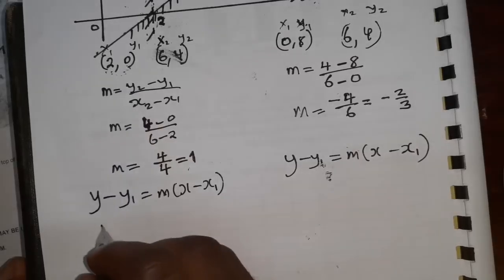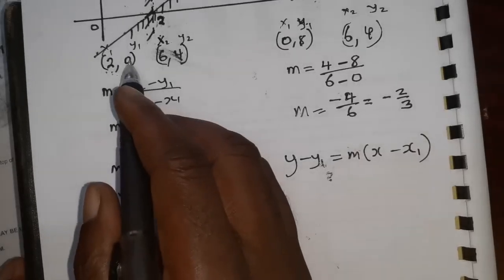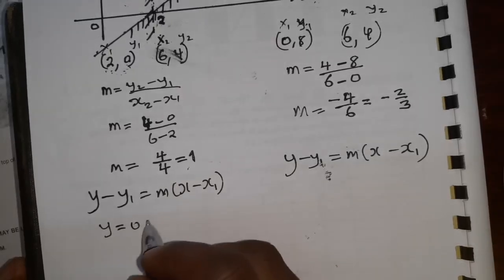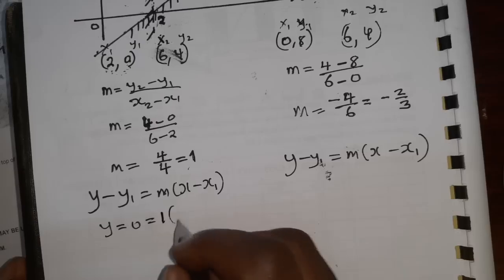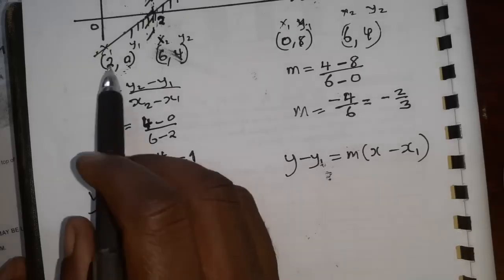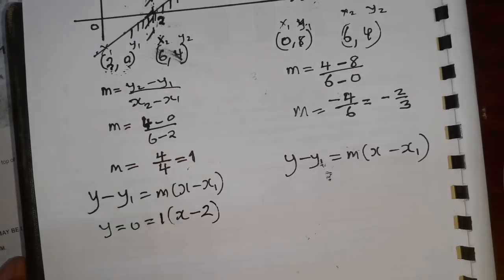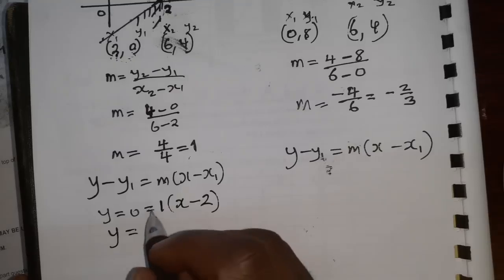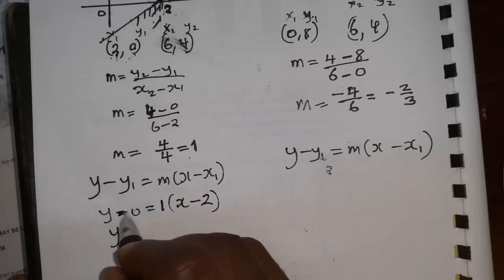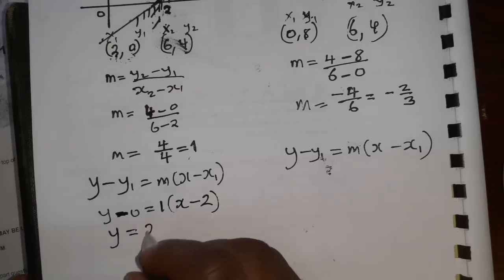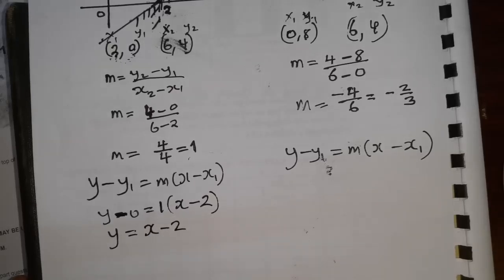What is our y1? Our y1 here is 0. So I'll write 0. This is equal to 1 times (x minus 2), which is this one here. Okay? Then I'll go on now and say, oh, sorry. This is supposed to be minus here, minus. Then when you distribute this one, you end up with this. Okay?